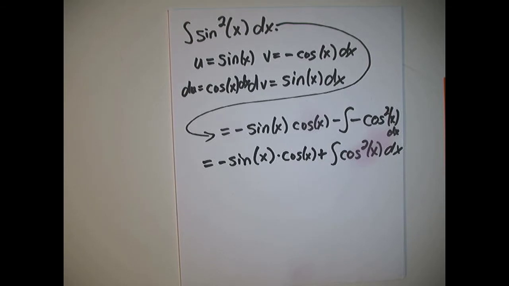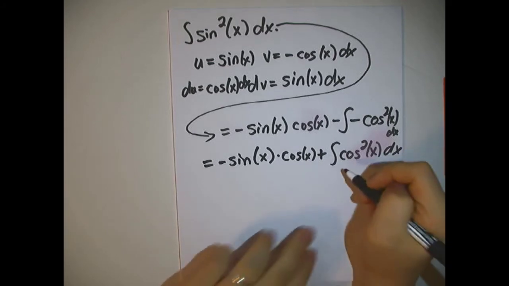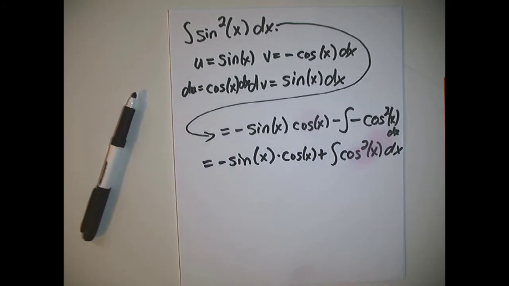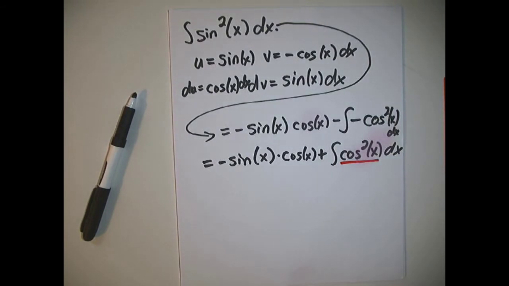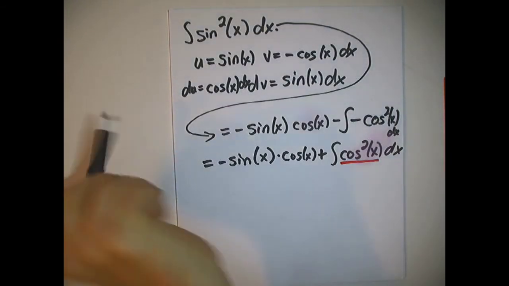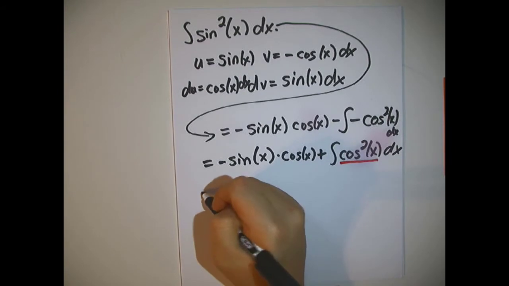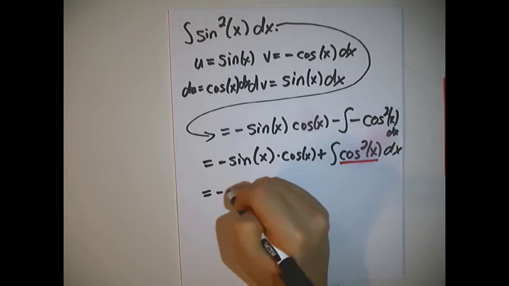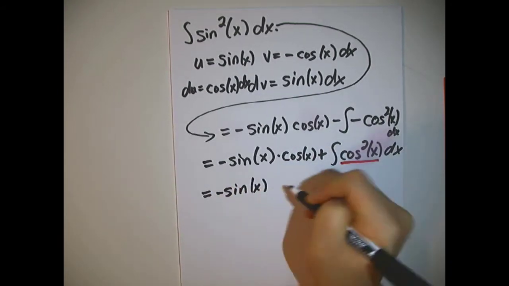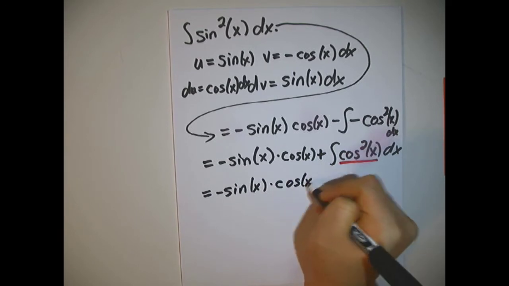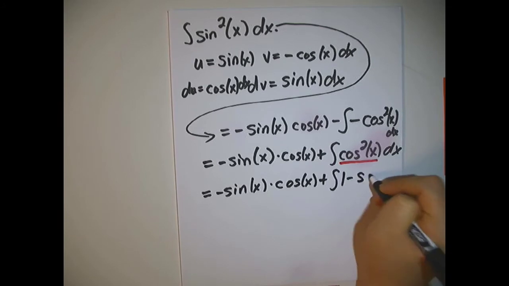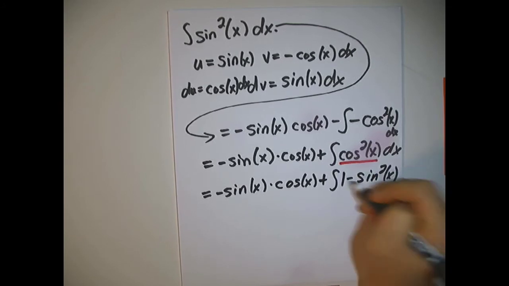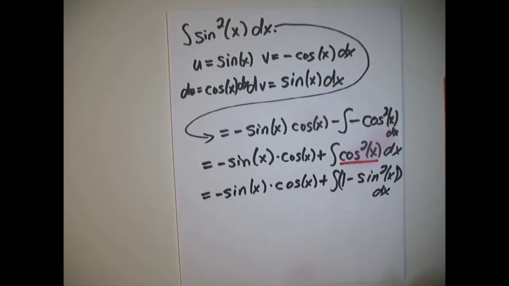But the idea is a good one. Namely, we can actually relate this integral here back to the integral of sine squared by using our favorite trig identity. I take this, it's the same thing as the integral of 1 minus sine squared of x dx.